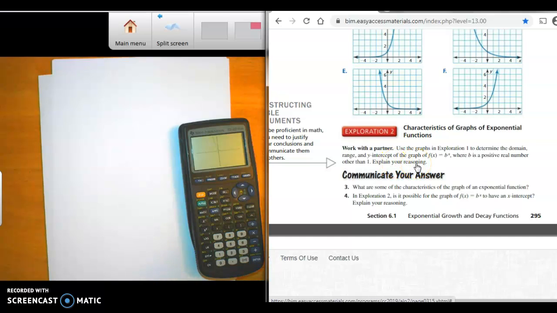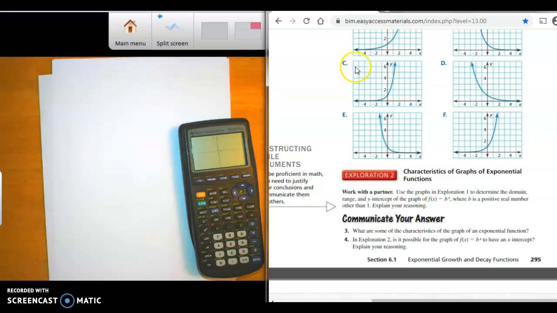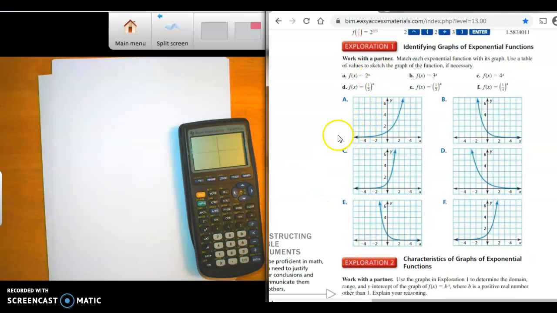So the domain is all real numbers, negative infinity to positive infinity, and the range is y greater than 0. And the y-intercept is 1.